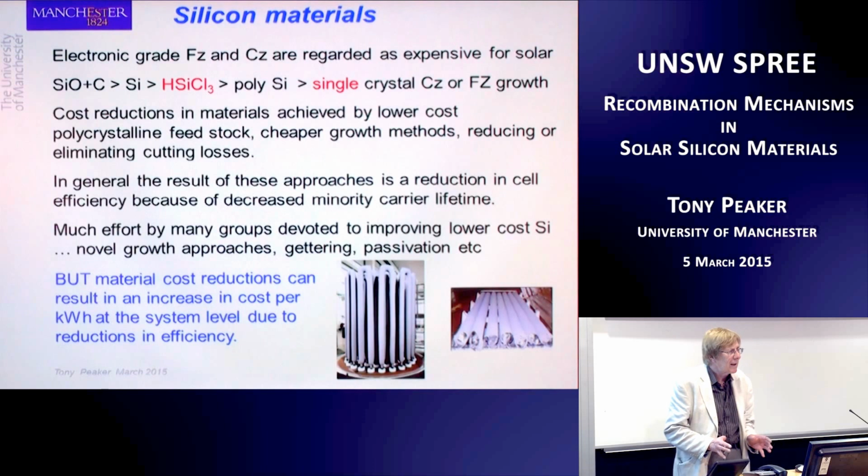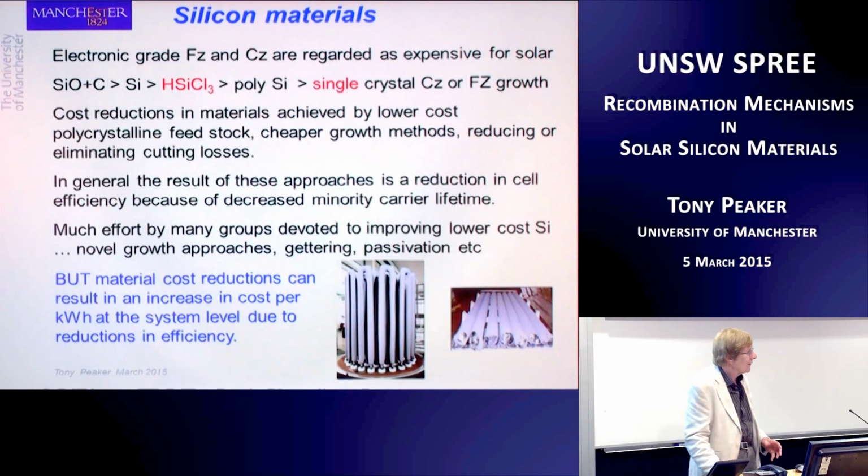That's producing the polysilicon material, which is used as the feedstock for the second process, which is growing the crystals. In producing polysilicon, electronic grade material, it's normal to use something like the original Siemens process.